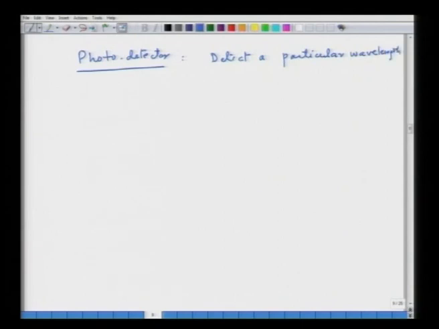And whichever wavelength we want to detect, for detection, that wavelength should be equivalent to the Eg of the semiconductor. So, once again the problem is of materials choice.